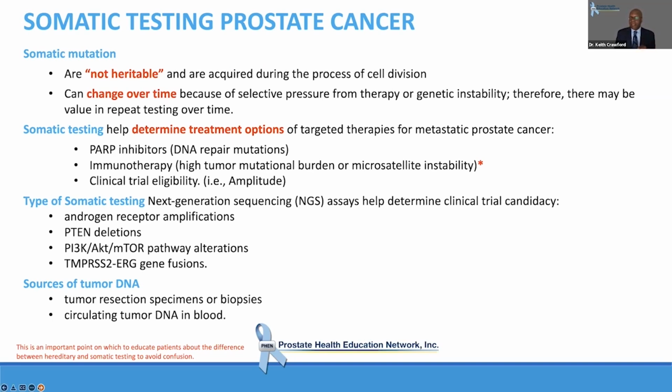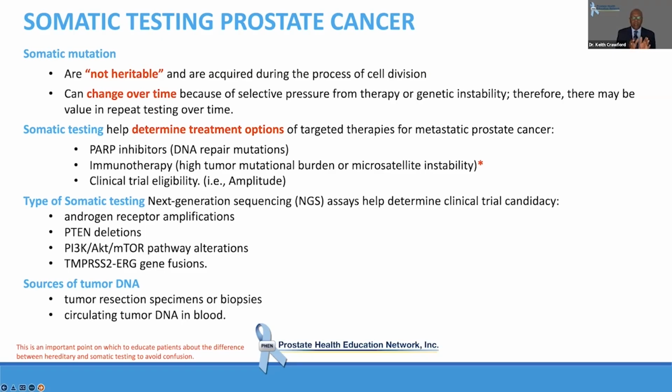Now, somatic testing helps determine what your treatment options are, because now we have treatment options. PARP inhibitors, I mentioned earlier, and immunotherapies have been associated with gene changes. And we have clinical trials like AMPLITUDE that determine your eligibility to proceed further in the trial.